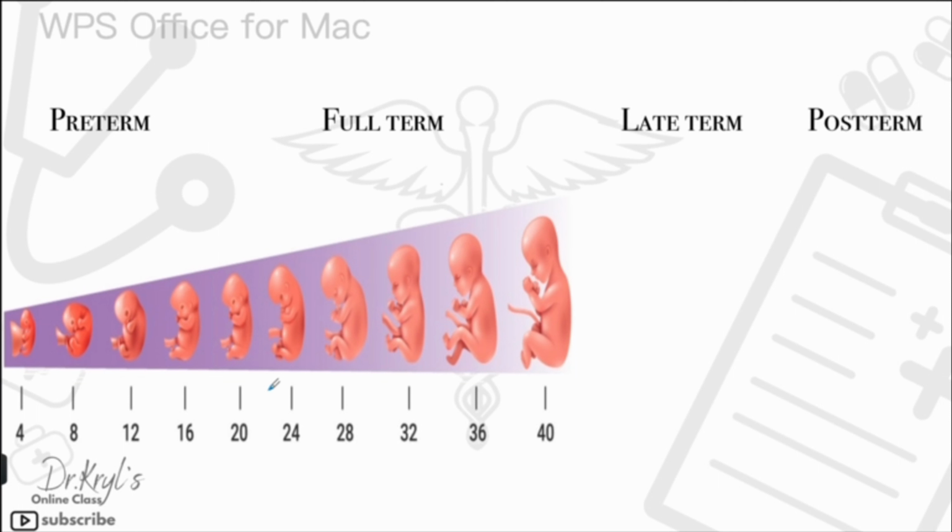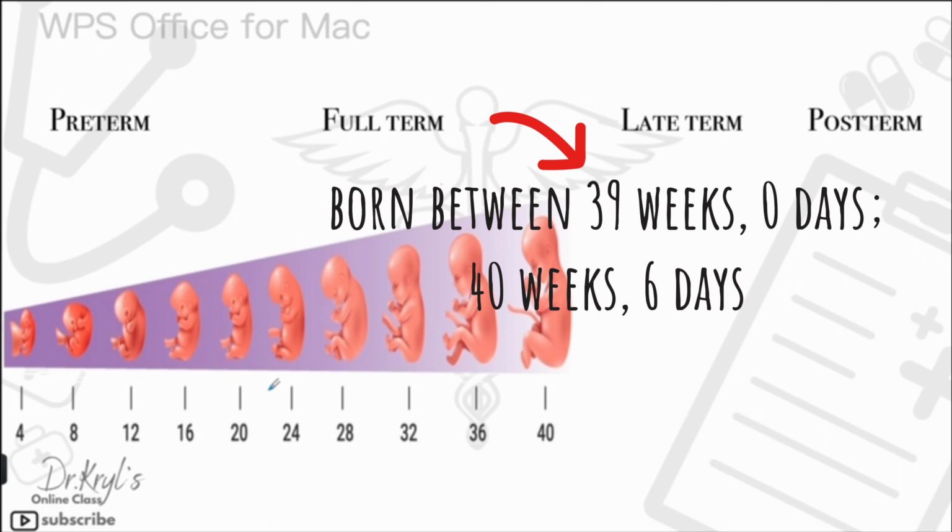Say full term, the pregnancy lasts for about 280 days or 40 weeks. Okay, actually it's from 37 to 42 weeks of gestation. It is considered full term if the baby is born between 39 weeks and 40 weeks.